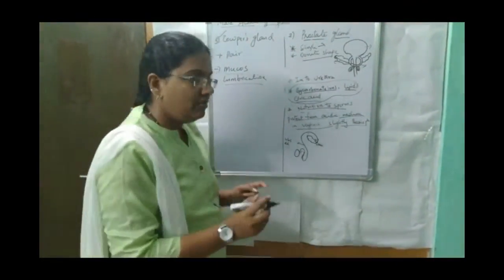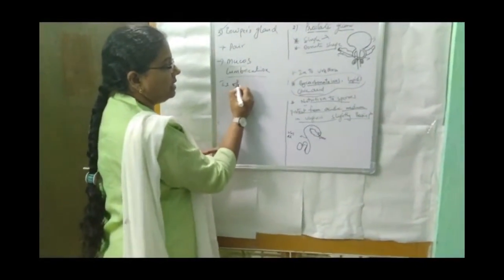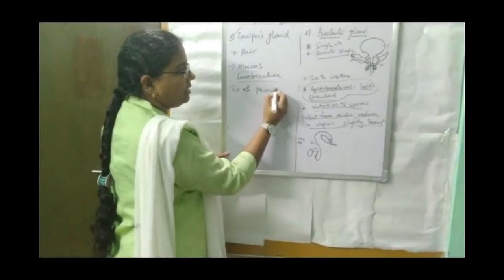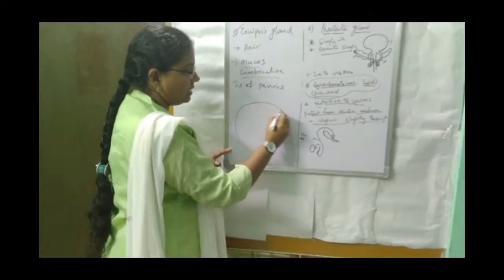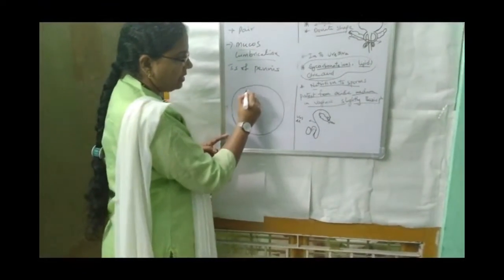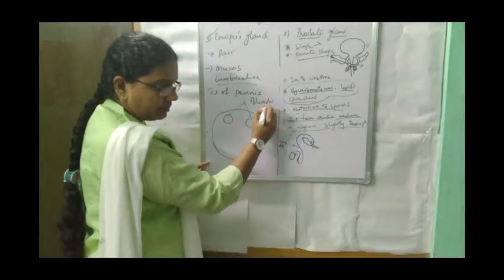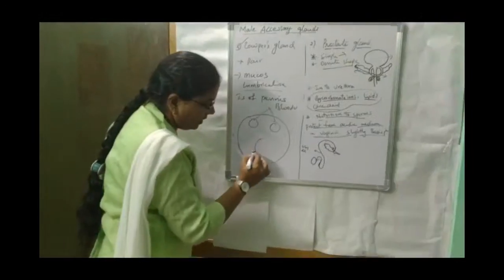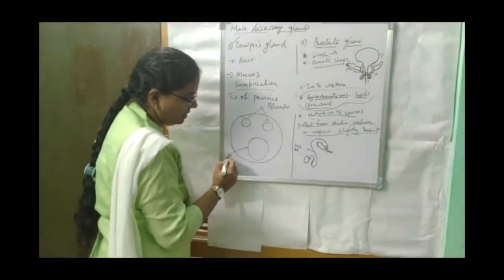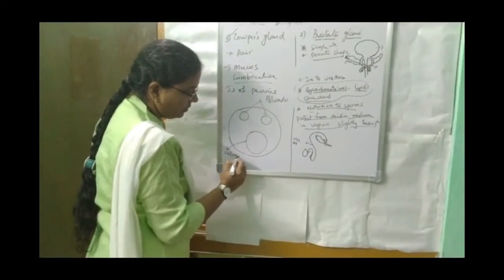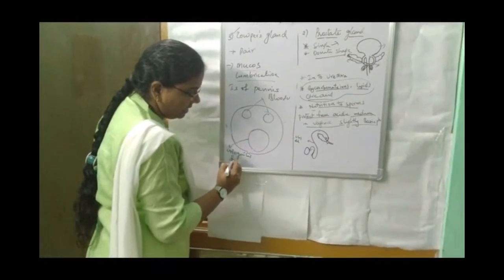Now TS of penis. If we observe the structure of the penis, these two are blood vessels, and here this is the urogenital duct.